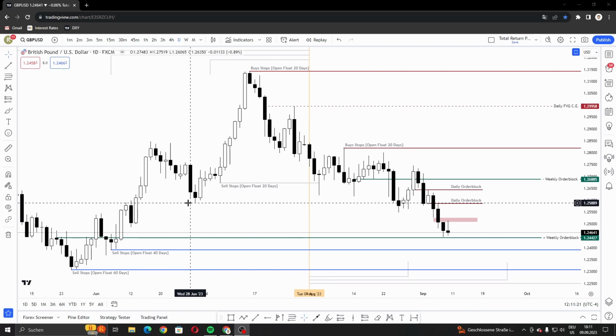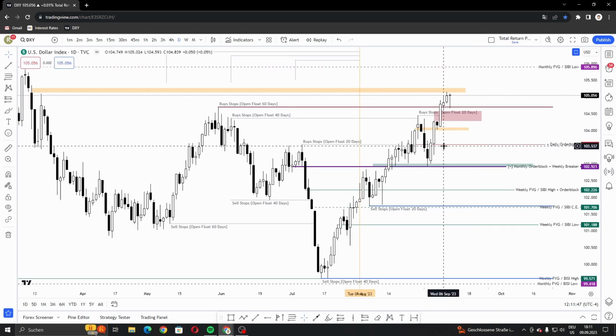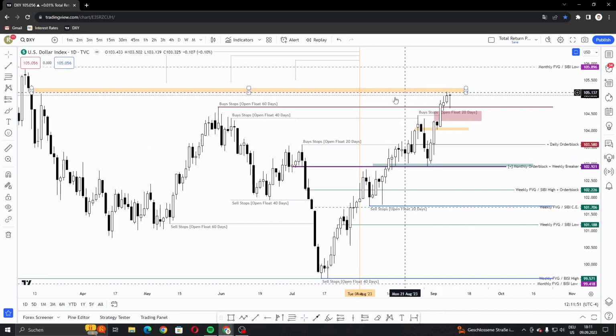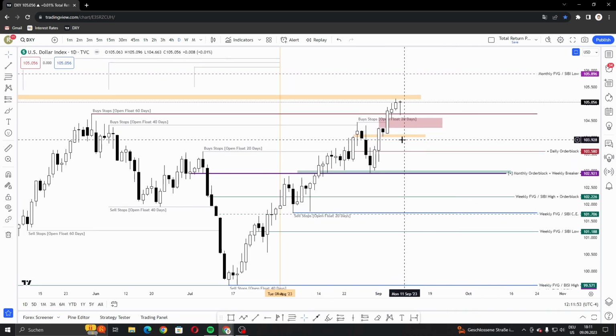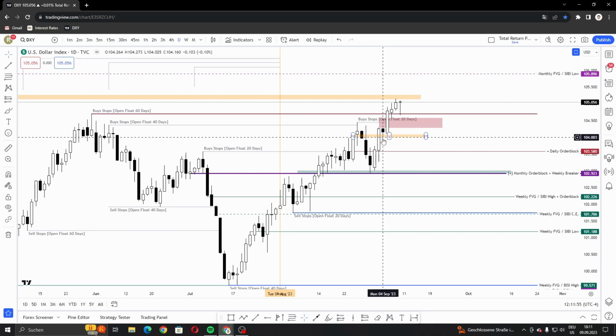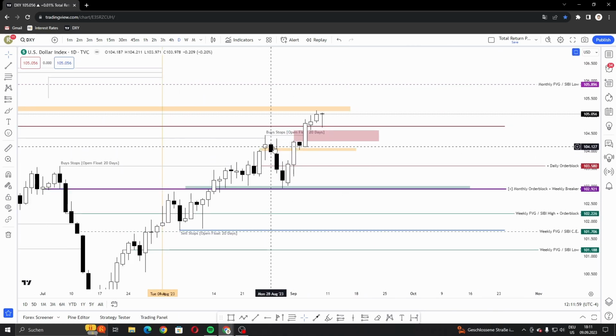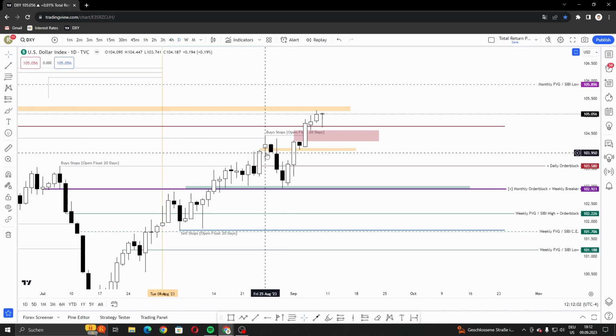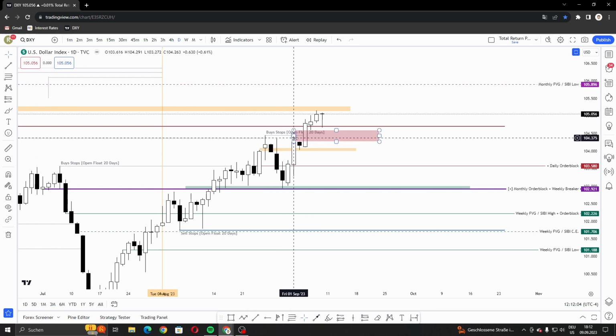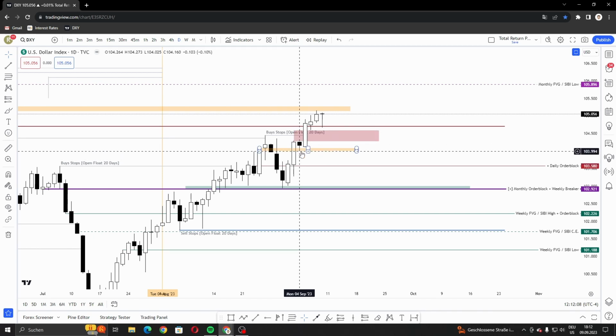Before we take a look at the GBP US dollar, let's take a look at the dollar index and see what our idea for the week was. So here is Monday's candle, and Monday traded away from an inversion volume imbalance, which we capitalized on again, traded through it, and then Monday traded into it, and then we rallied away from it.